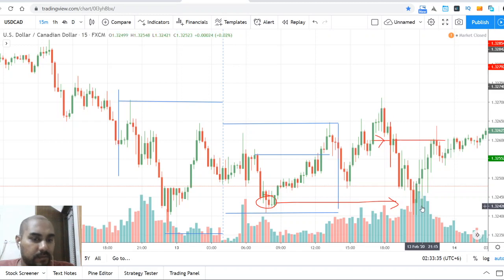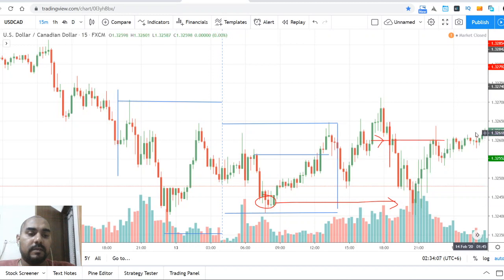But after this move, this upward move is very tedious. It's almost like this move is eating up the memory of this move. This is digesting this move. So if this is digesting this move, it means this won't continue anymore.